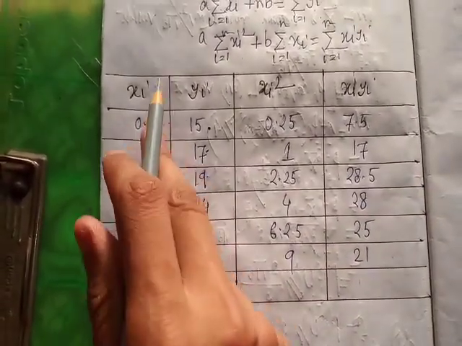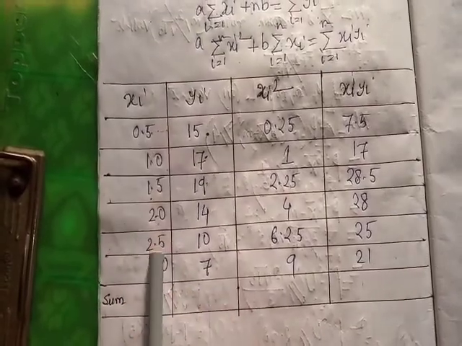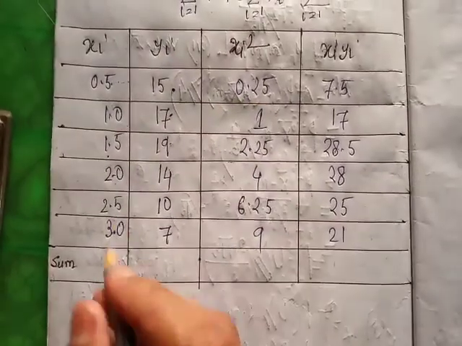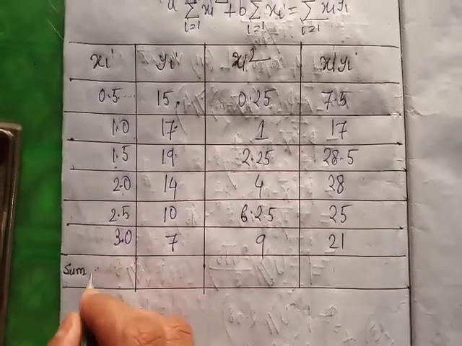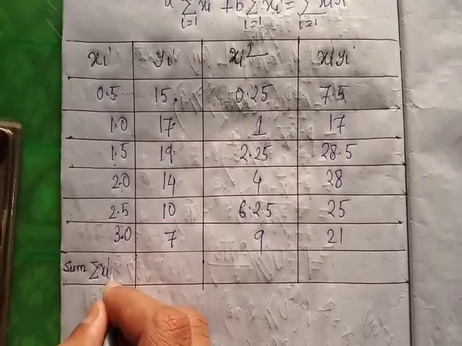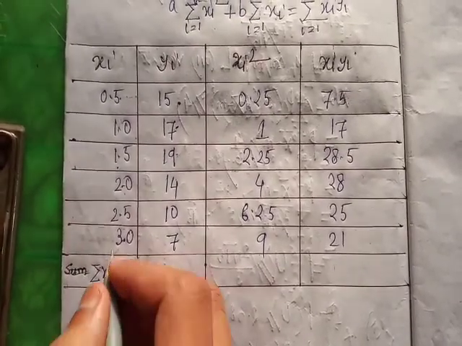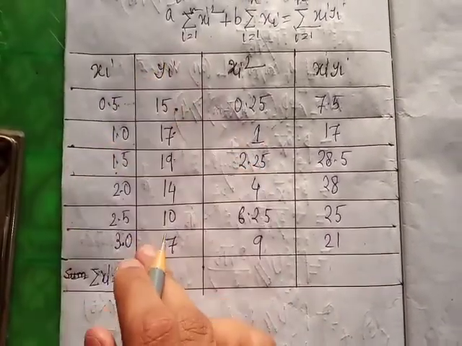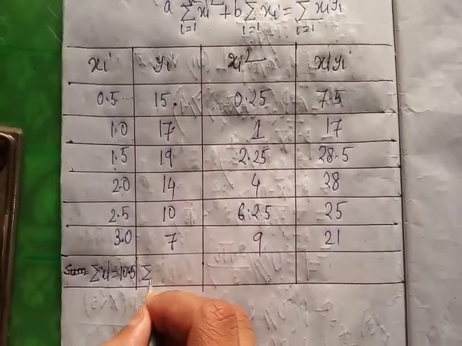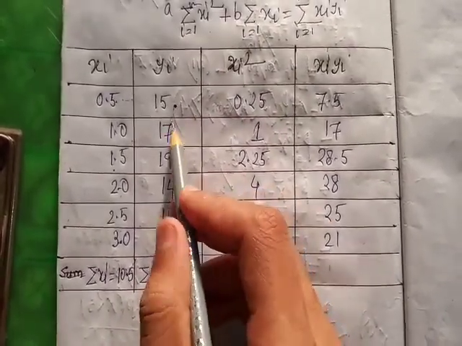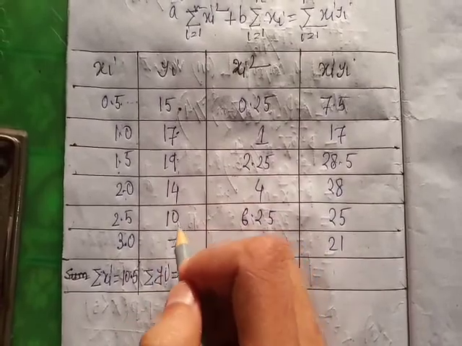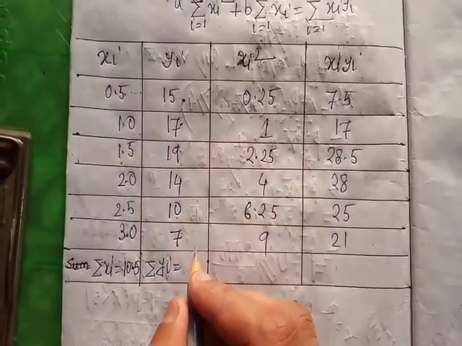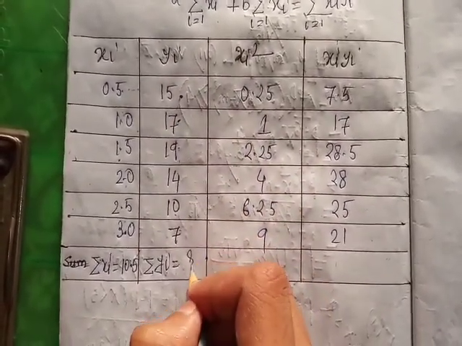Now the sums. Summation xi is 0.5 plus 1 plus 1.5 plus 2 plus 2.5 plus 3 equal to 10.5. Summation yi is 15 plus 17 plus 19 plus 14 plus 10 plus 7 equal to 82.